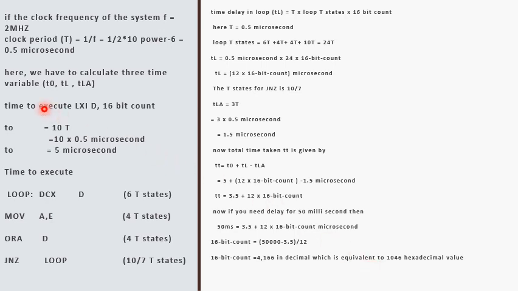So in place of the count in LXI D comma 16-bit count, if you substitute LXI D comma 1046, then the written program is going to create a delay of 50 milliseconds.